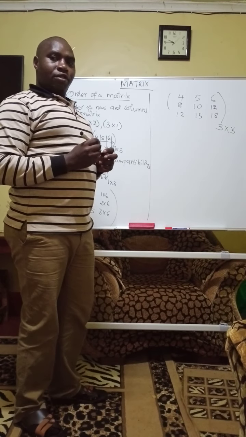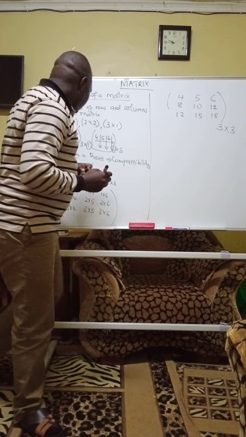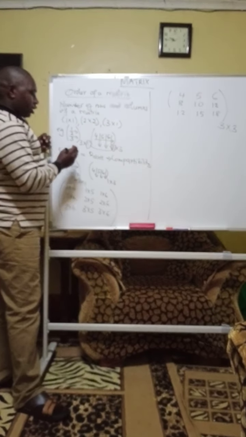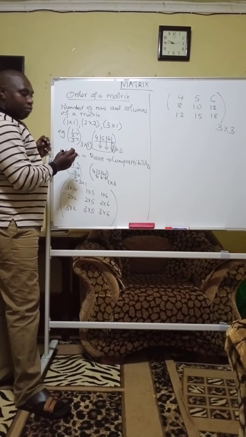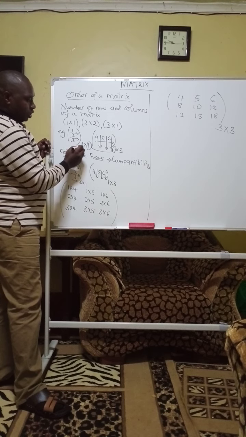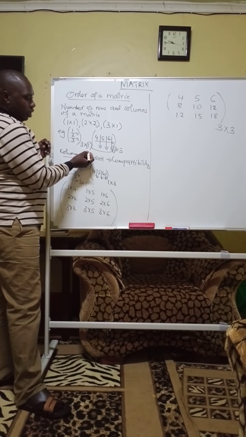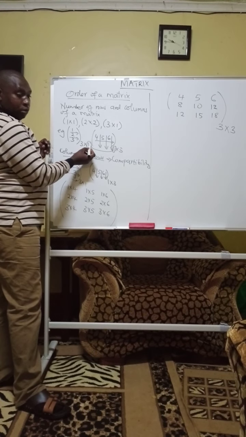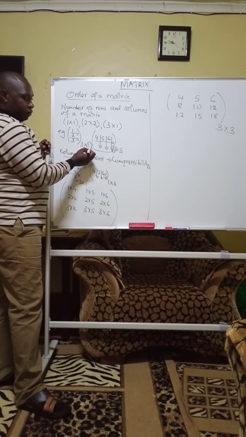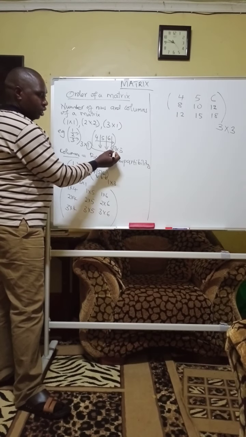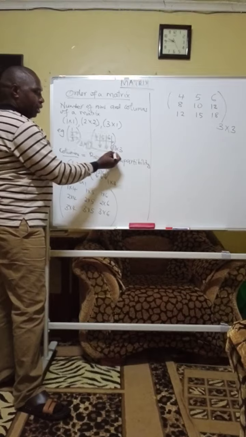Why are we insisting on order? We're insisting on order because the order can also tell you the order of the final matrix. For example, in the first case here, the compatibility was being given by the number of columns in the first matrix and the number of rows in the second matrix, which was 1 by 1.